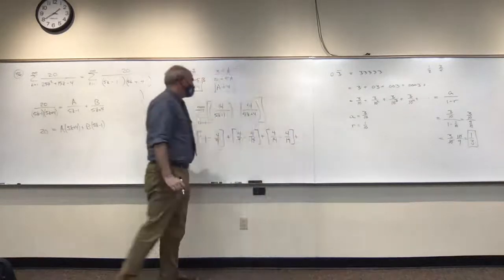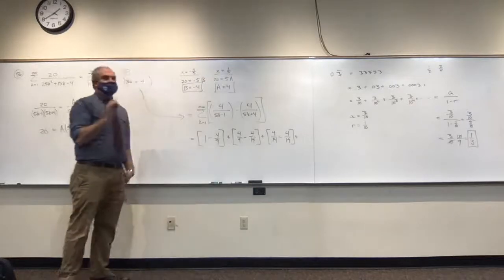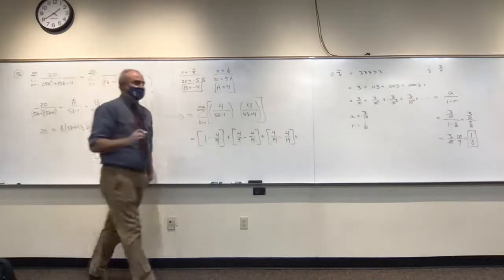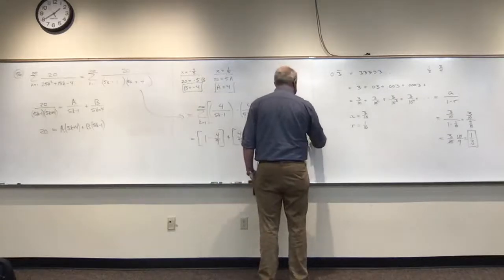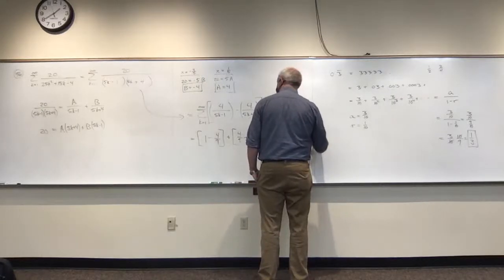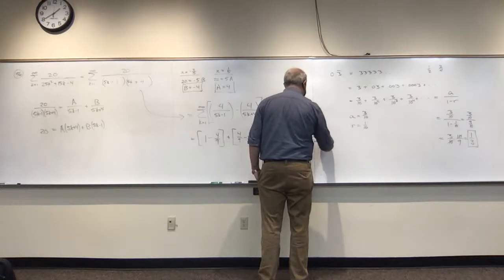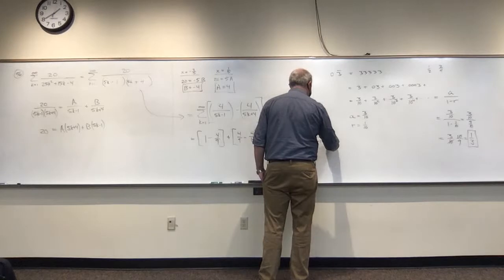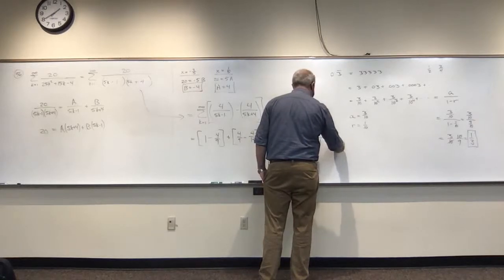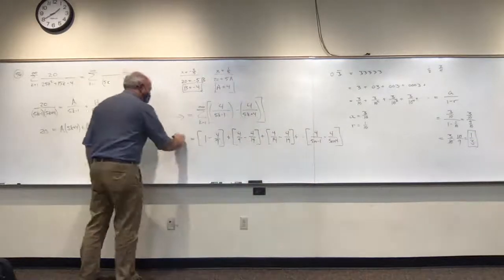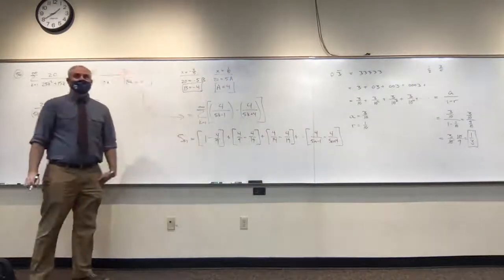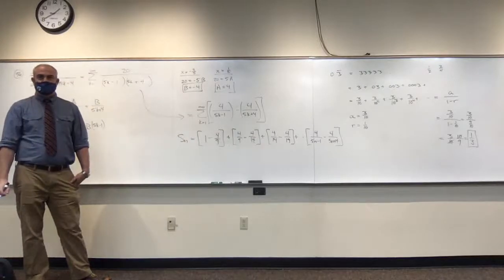And so on, up to, if I went to the nth term, I plug in and I get 4 over 5n minus 1 minus 4 over 5n plus 4. And this is my S sub n, my nth term of the series.